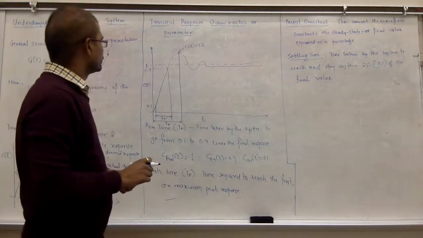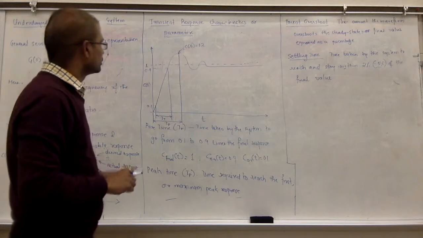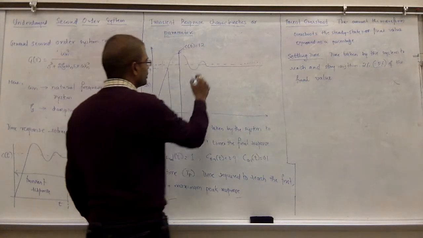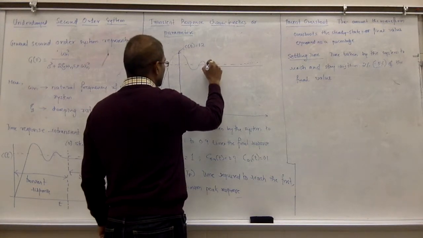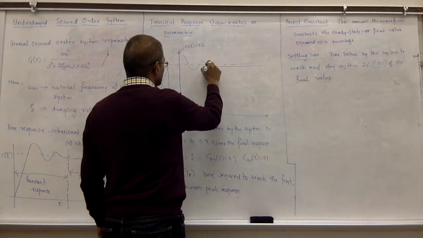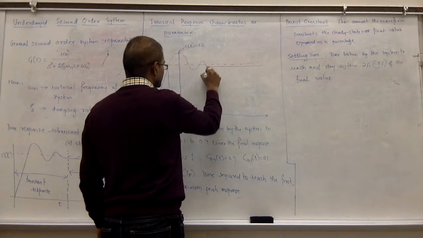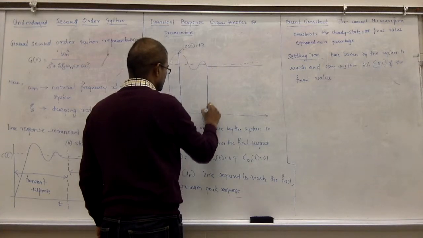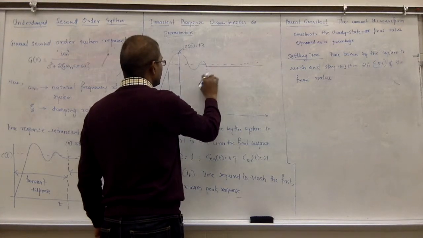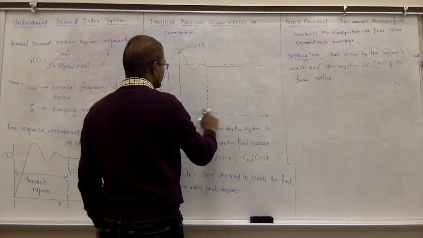So, if you think about it, this may be an overstretch, but at this point, somewhere here, what is the value of C of t at this point?